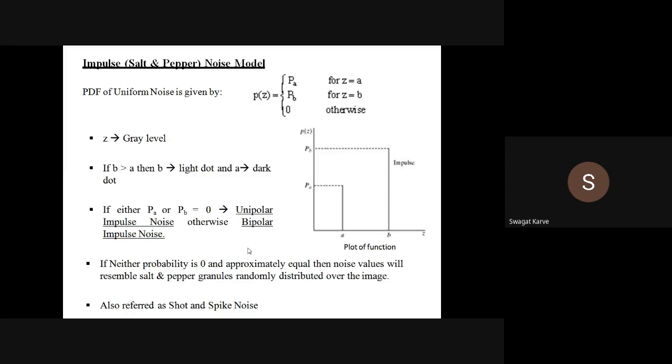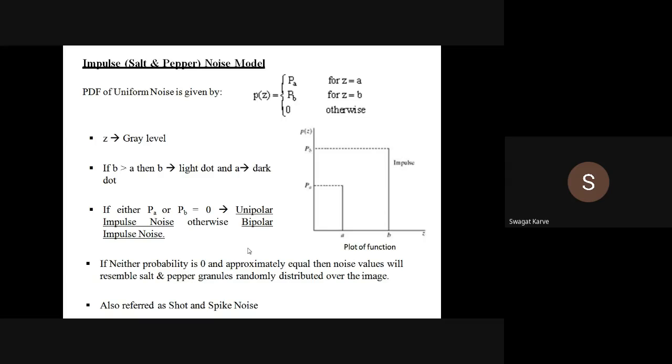So there are different types of noises that are introduced, and we can form the noise models by using the probability density function of that noise. That means by using these mathematical equations we can design its noise model.